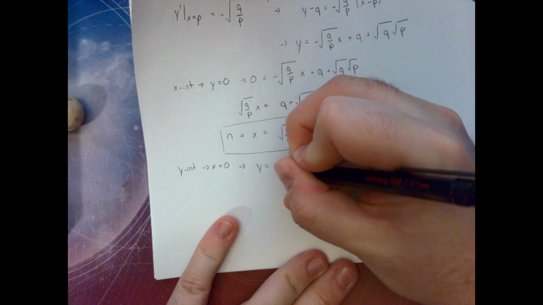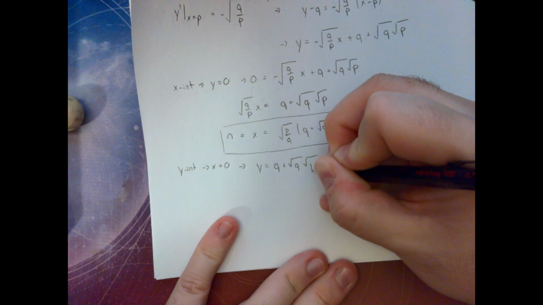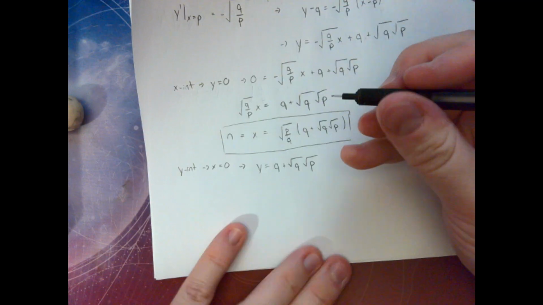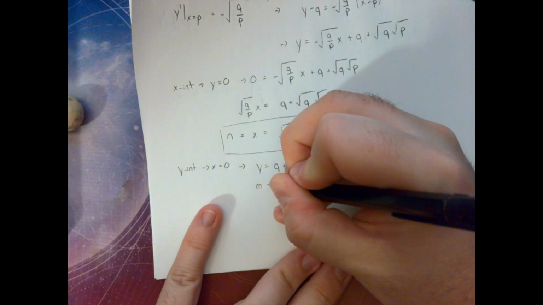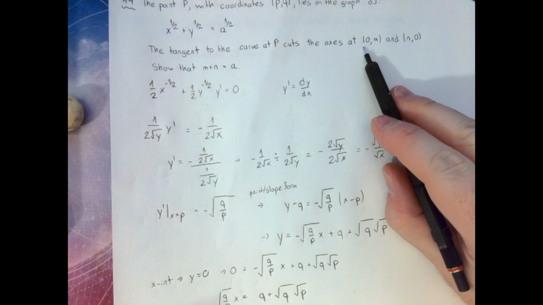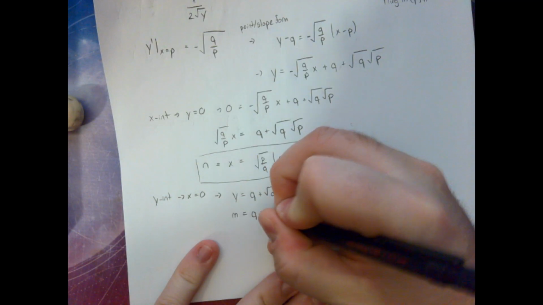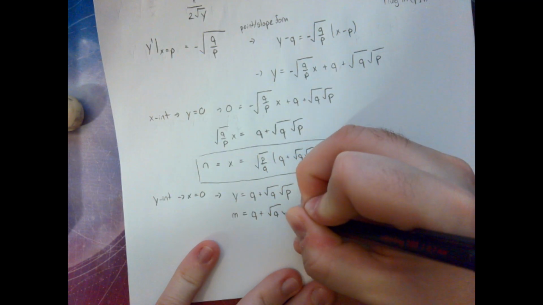So I just get q plus root q root p. And this, again, remember, is equal to m, right? Because all the way at the top in our question, our y-intercept is given by 0, comma m. So m is equal to q plus root q root p.